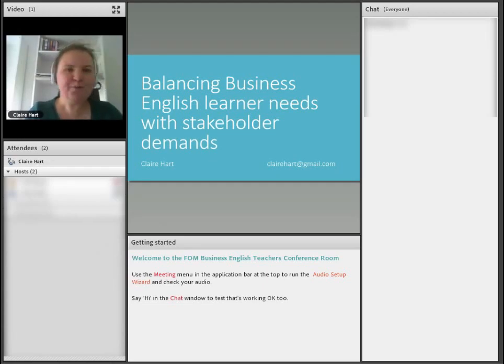If you were teaching in a company, perhaps some of you teach or have taught in company, it would be very simple. You would spend the first lesson doing a detailed needs analysis, or perhaps you would do it before the first lesson. You would find out what your learners need and use that to make a course plan.